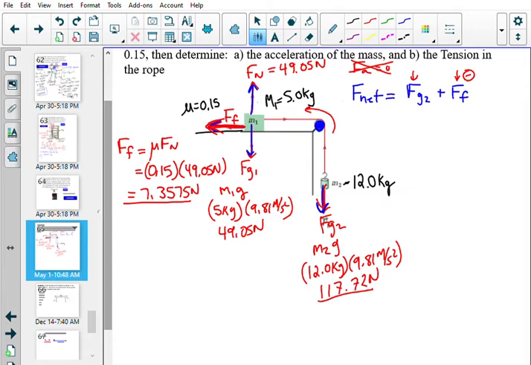FG2 is trying to make the pulley go downward in a clockwise direction, so FG2 is going to be positive. So I'm going to plug those two numbers in with the positives and negatives. My FG2 is a positive 117.72, and my FF is a negative 7.3575.